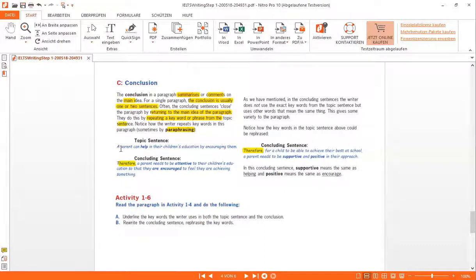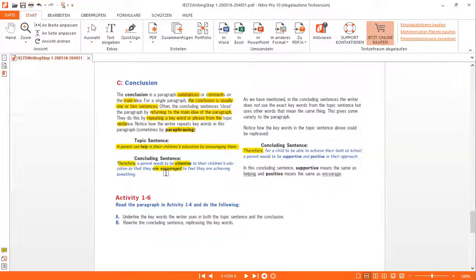So let's take a look at a concluding sentence that summarizes or paraphrases our topic sentence in the beginning, which was, a parent can help in their children's education by encouraging them. This was our topic sentence. Now the concluding sentence departs from the supporting sentences. Okay, as a result, a parent needs to be attentive to their children's education, so that they're encouraged to feel they're achieving something.